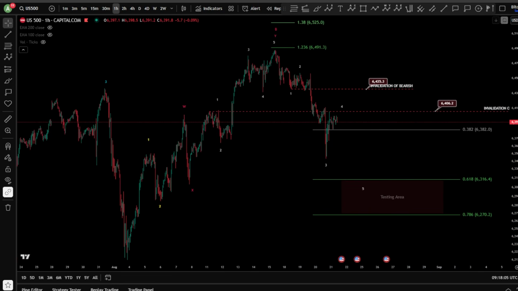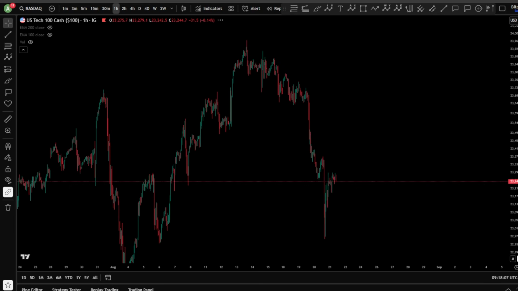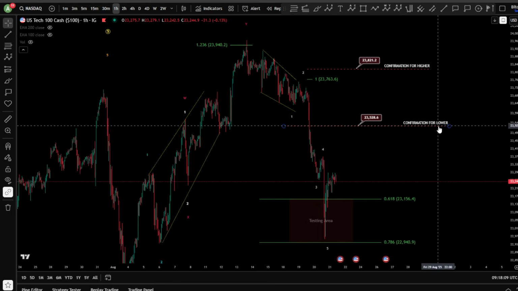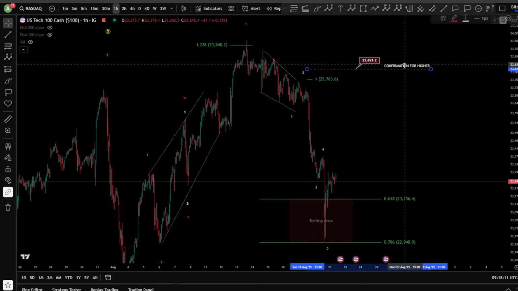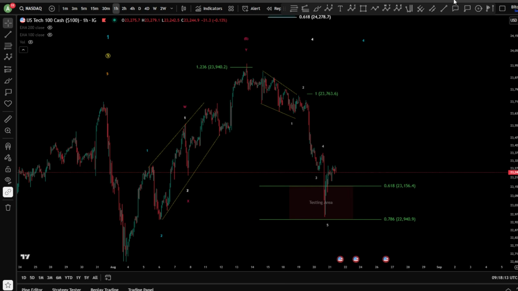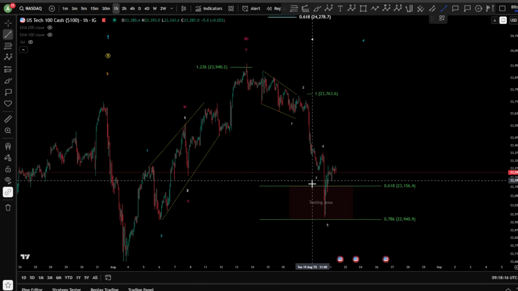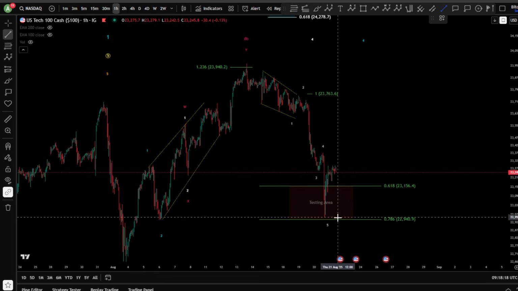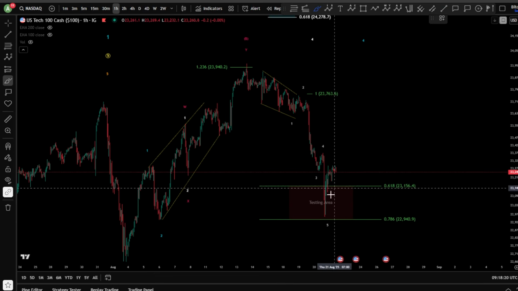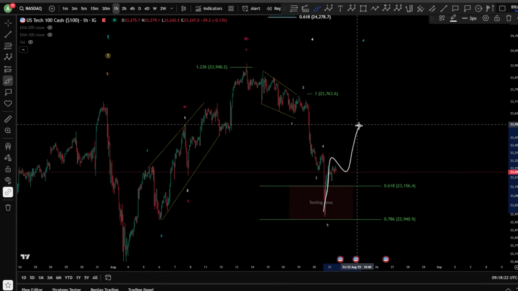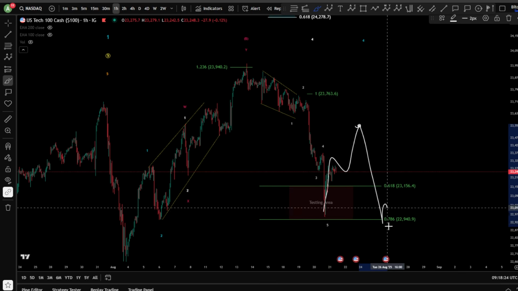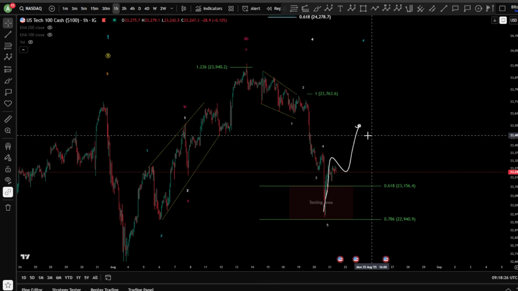For the invalidation for Nasdaq, by the way, we also need to have one which is a little bit far here. And let's remove this, by the way. We don't need it. So basically here, you can be even in 1, 2, 3, 4, 5. We don't want to forget also a potential wave 2, where I mentioned it might be the thing, and then we continue the drop toward the downside.